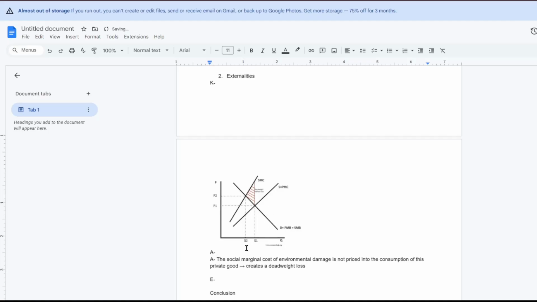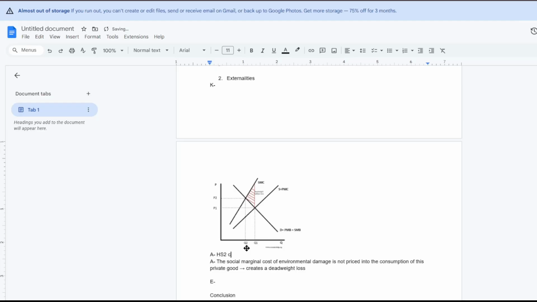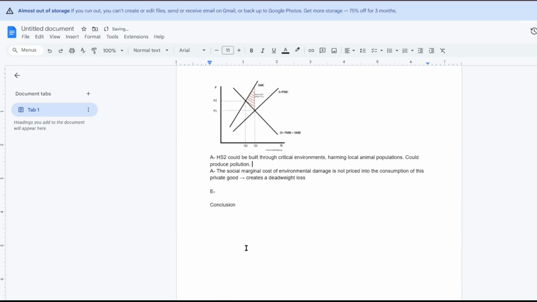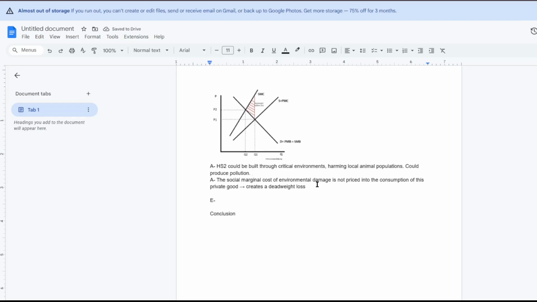And for our example, we might talk about something like HS2 could be built through critical environments, harming local animal populations, and could produce pollution. So again, we're talking about deadweight loss. I might be specific about this, right?